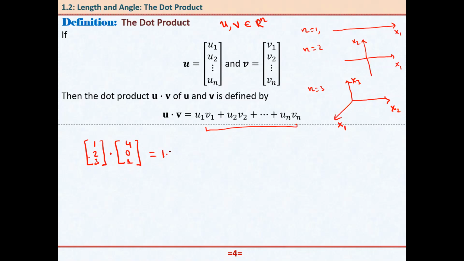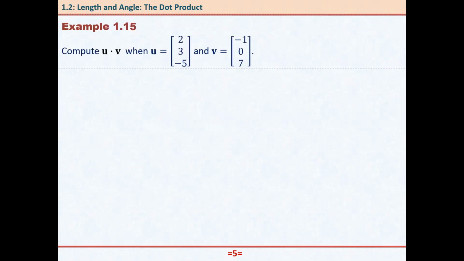That is 1 times 4 plus 2 times 0 plus 3 times 1, which is equal to 4 plus 0 plus 3, that's equal to 7. As you see, the result is a scalar, just a real number. So the dot product of two vectors is just a scalar. The only point is to represent this expression in a very compact form. That's why we are introducing the dot product.